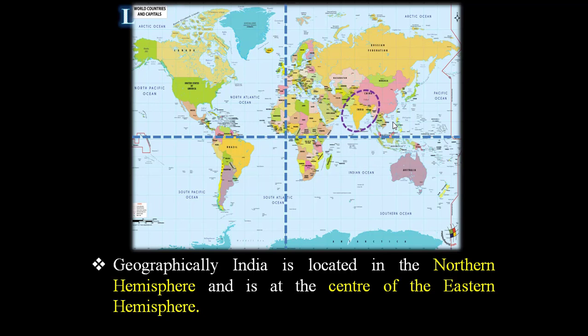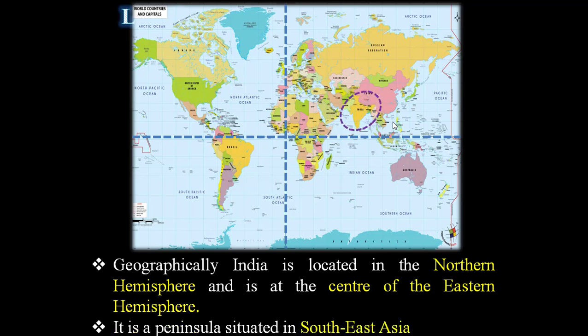That is the location of India, and it is a peninsula situated in Southeast Asia. Peninsula, you know about that: all three sides are covered by water and one side is covered with land, that is called a peninsula.